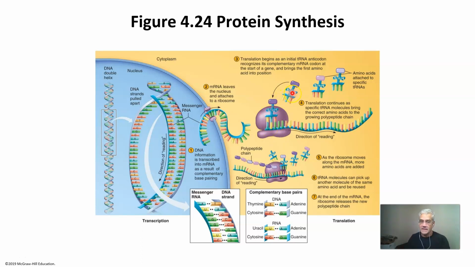Yes, I have at least 20 different tRNAs because I got 20 amino acids. So that tRNA with the right amino acid on it attaches to this complementary base pair sequence. The codon and the anticodon get together. I have an amino acid. Great.